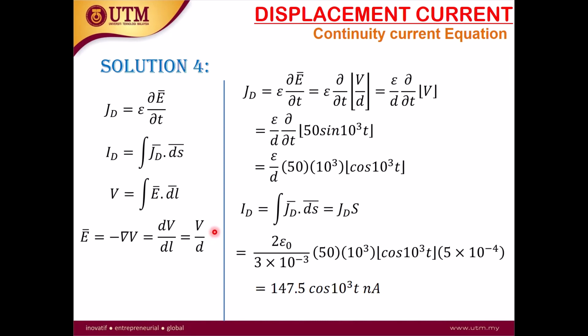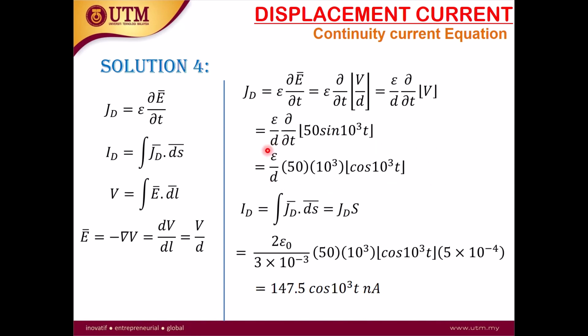So we put J_D equal to epsilon del E over del t, equal to epsilon del over del t of E, and we have E equal to V over d. So we get epsilon over d times del over del t of V, because epsilon over d is a constant. V here is a time varying voltage. When you solve the differentiation, you get this value.